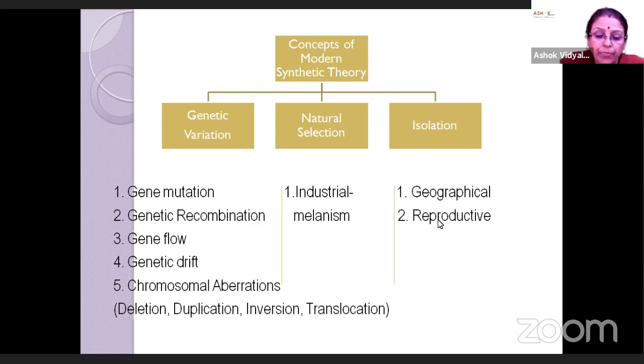Now isolation is the separation of the population of a particular species into smaller units, which prevents interbreeding between them. Barriers preventing gene flow or exchange of genes between isolated populations is the isolating mechanism.